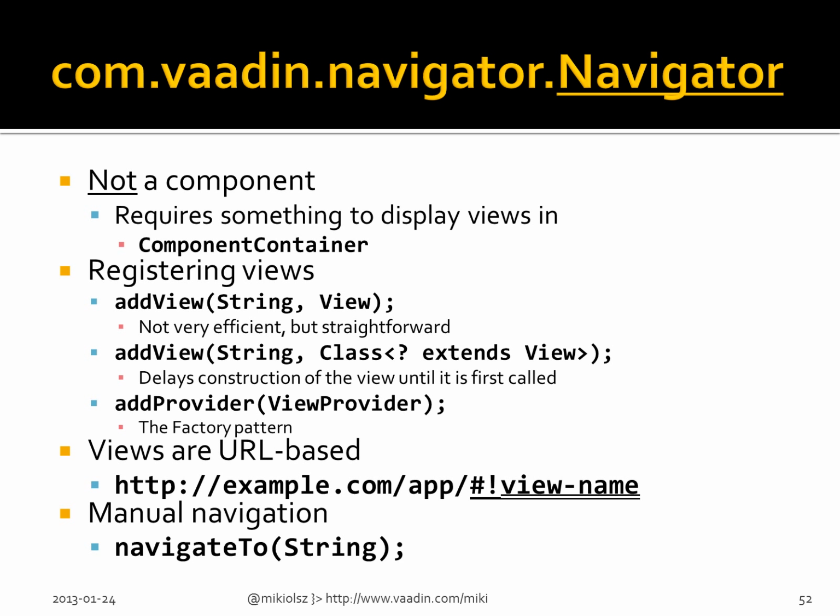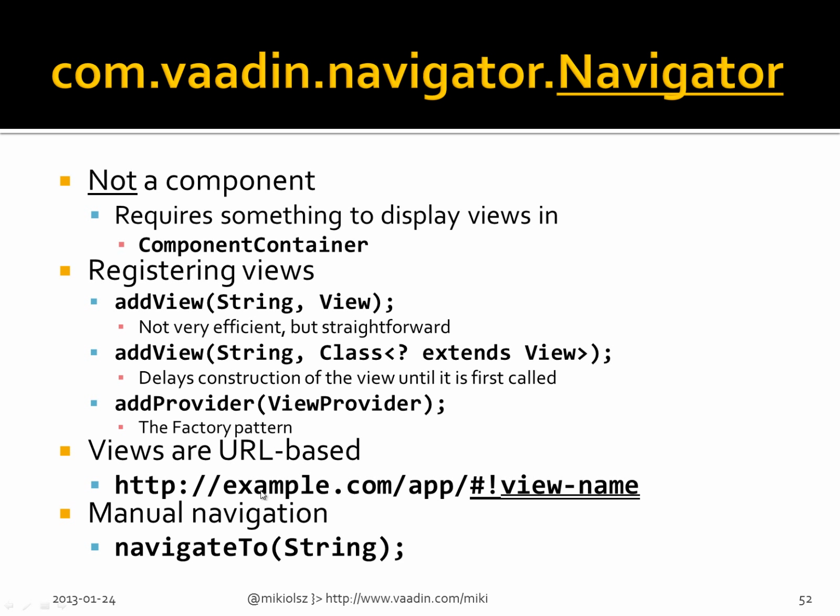We can provide a class for a view, and then the class will be instantiated the moment we visit the view. Or we can add a provider of views, which is the factory pattern. So a provider allows you to dynamically react to what the user typed, and these ones are static, so we have a fixed name for each view.